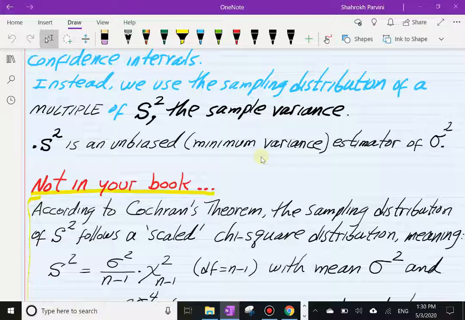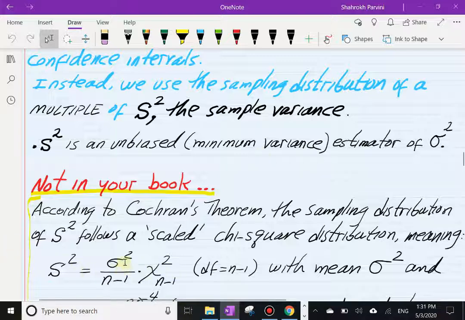There is this important theorem called Cochran's theorem, which gives us the sampling distribution of S squared. That theorem says that the probability distribution of the sample variance S squared follows a scaled chi-square distribution, not quite a chi-square itself, but a multiple of a chi-square. I have that down here for you.